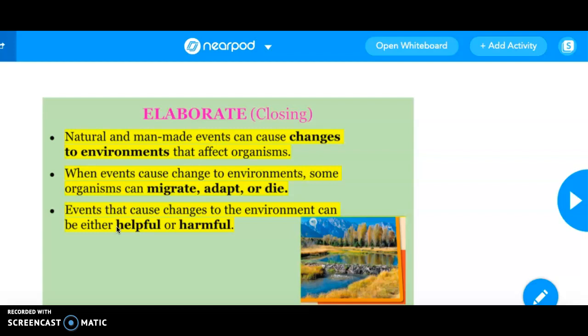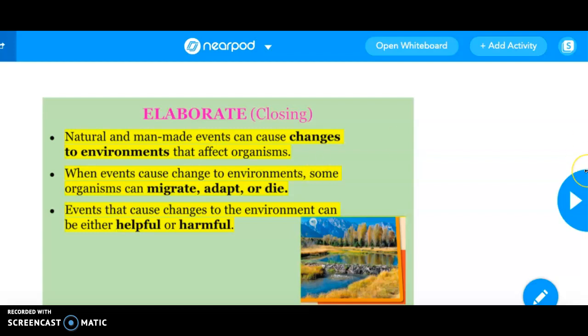He's going to adapt to the new environment. Maybe not a rock. Maybe he can live inside a hollow tree. Or if he doesn't do either of those, he will die. So we need to memorize the word MAD in science. It stands for migrate, which means move; adapt, which means you stay, but you get used to the environment, or you try to blend in; or die.